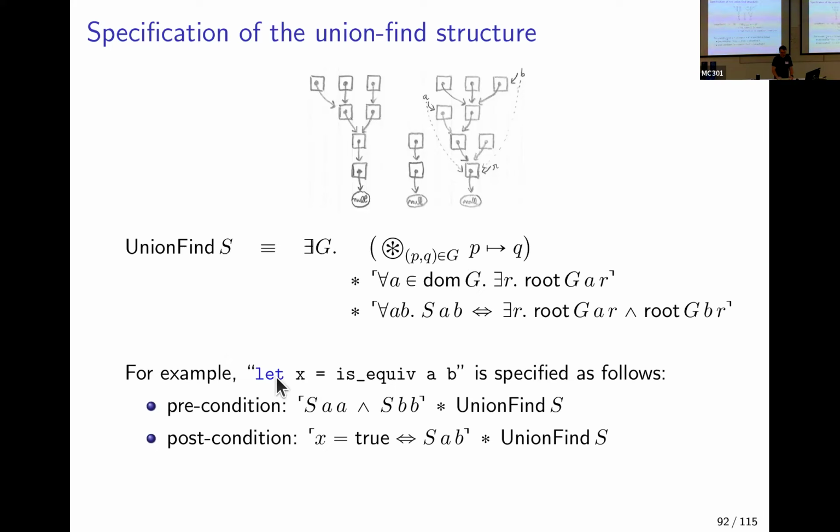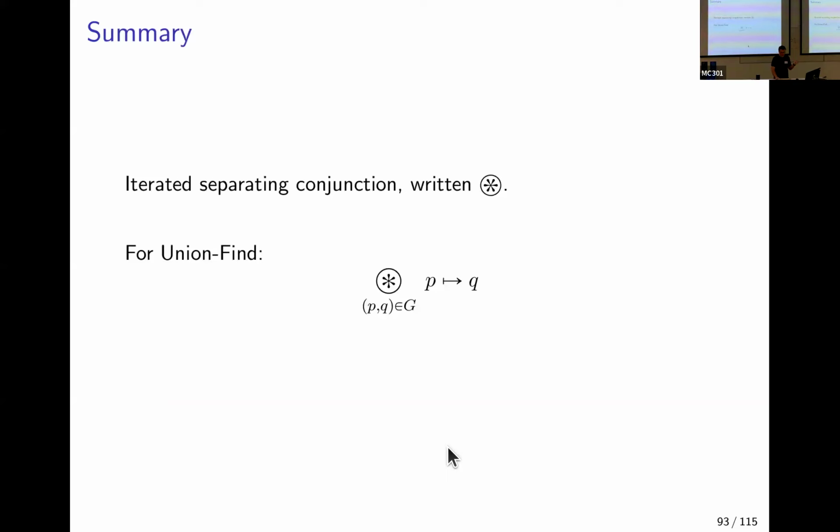Then you have is_equiv A B that requires as precondition some union-find of S that you don't really mention in your program, but you know that A and B are in this structure, and it returns true if and only if they are related in the equivalence relation. So that's one way to have some sharing.